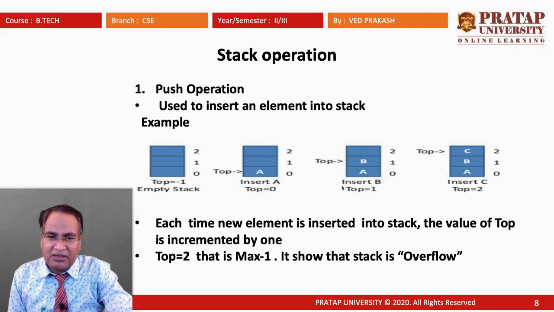When I increase it, the top will get index value 1, and at this index I will insert the data B. Similarly, when I want to insert the element C, top first gets incremented, the top value becomes 2, and at this index I will insert the element C. So that is the process of inserting elements in the stack.